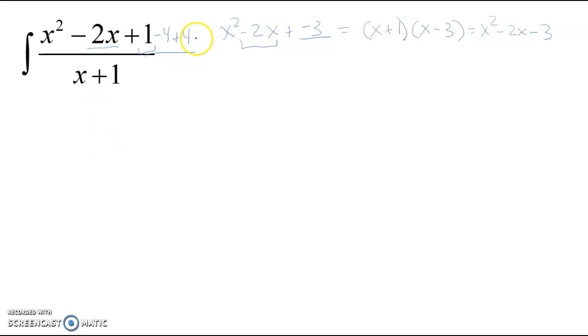So when we do that, now if we regroup, so we're here, so we can say x plus 1, x minus 3.